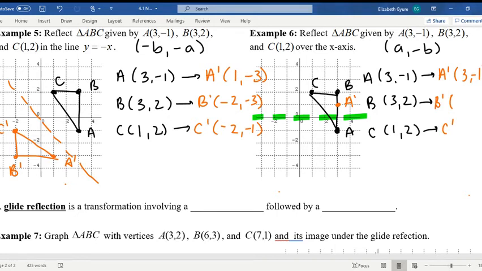Okay. No, Gannon, what do you think B prime should be? It's really hard to hear you. Oh, okay. Don't worry about it, Gannon. Let's see. Olivia, what should B prime be?